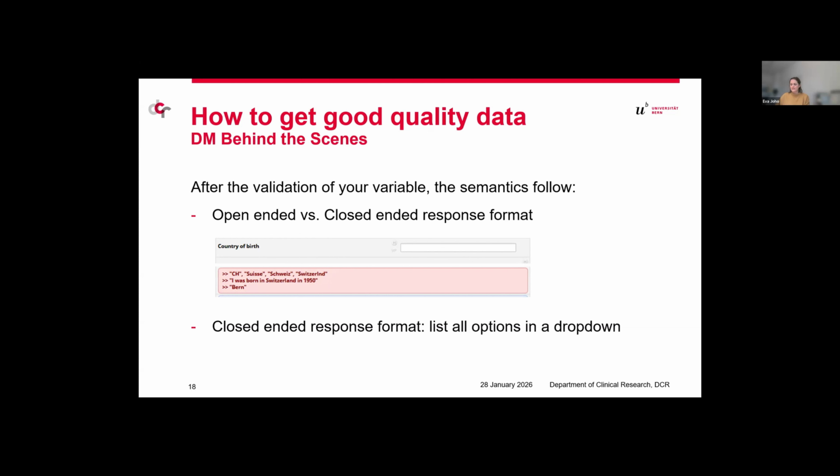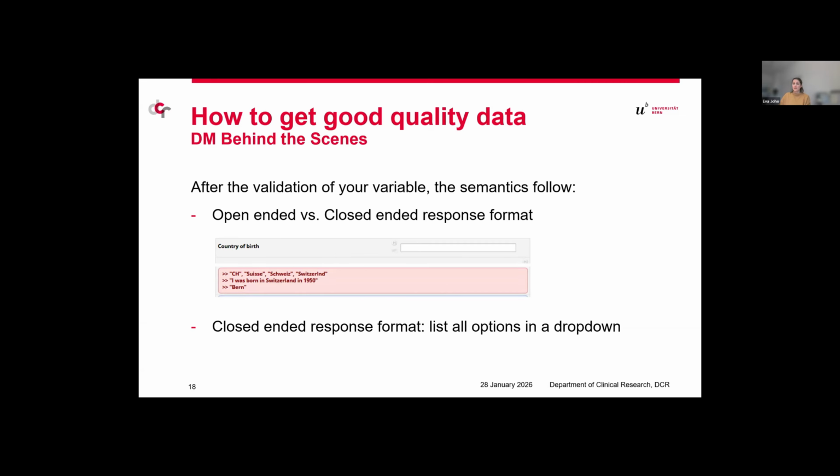And of course, now you can say, but AI could do this for me and categorize everything. But as you also know, right now, at least for the clinical field, there is not really an AI solution that you can trust to the full limit, I guess. So for now, the best solution is still to have a list of all options added in a drop down. So you really make sure how your answer should look, so it can be analyzed in the end.